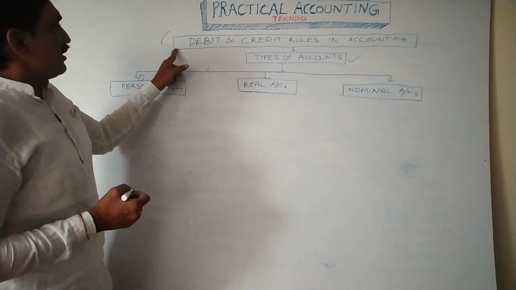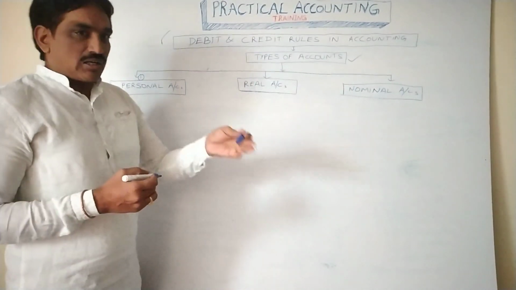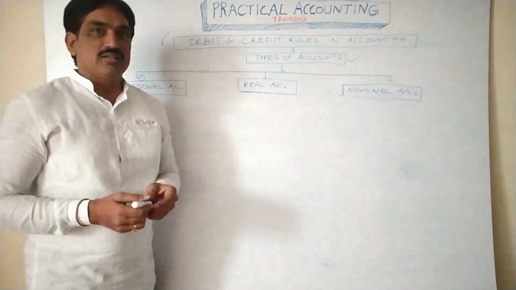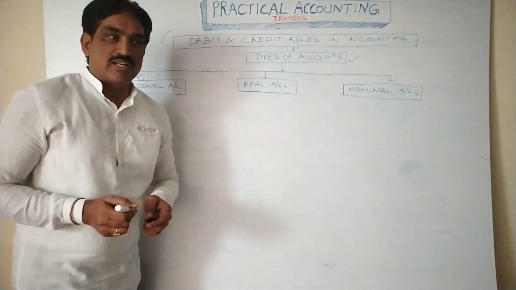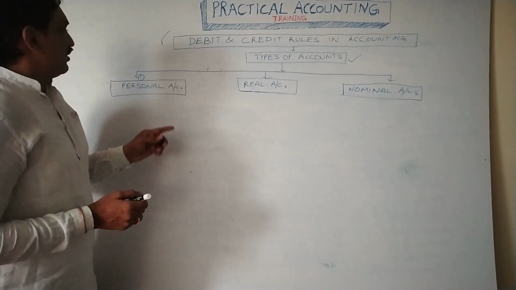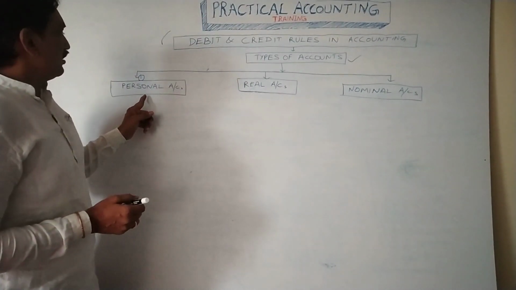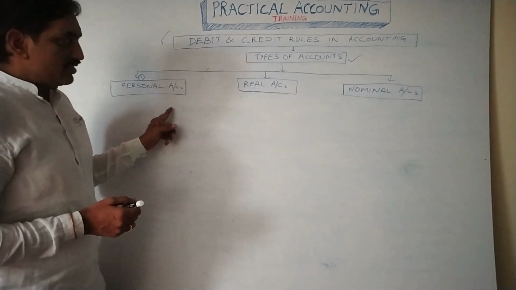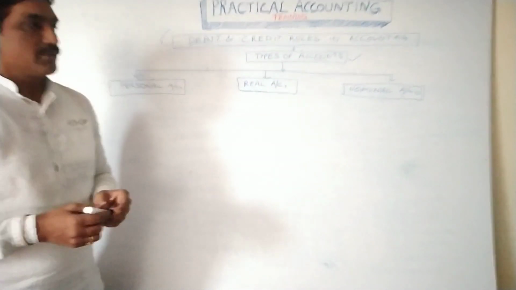Now we are going to learn debit and credit rules. What account should be debited and what account should be credited? This is the concept we are going to learn today. The debit credit rules are applicable depending upon the type of account. For a personal account the rule is different, and for real accounts that rule is different.